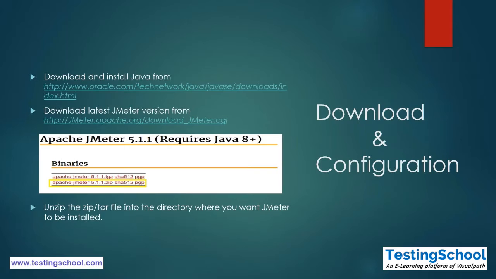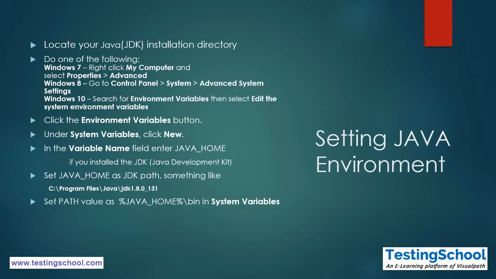Next part is the environmental variable settings. For Java environment settings, first we need to locate where my Java JDK installation directory is. Once you get that, the next step will be setting up the environmental variables.